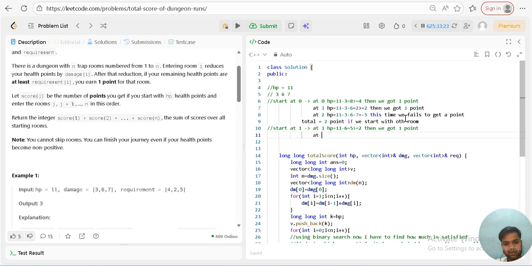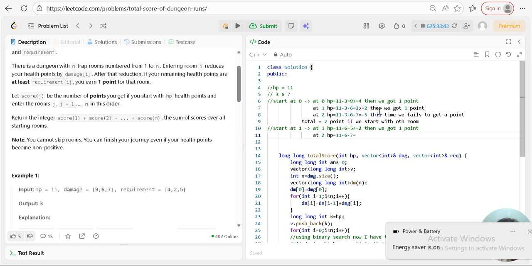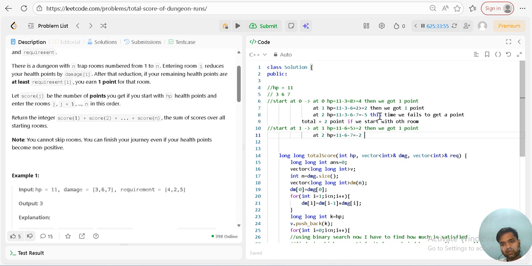Start with 1, add point 2, so HP will be updated and reduced: 11 minus 6 minus 7, what will be the value? It will be minus 2. This time we fail to get a point. It is just an explanation of the problem.